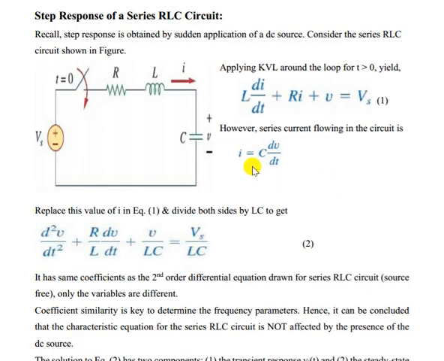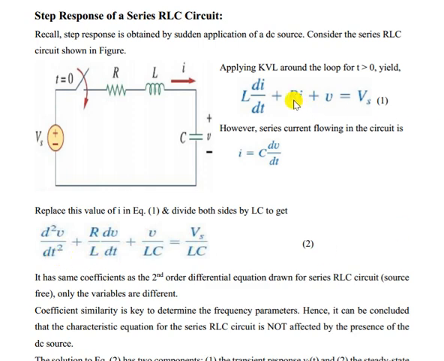Now what we can do is put this value of I here. Then we can divide by LC. So if we put I equal to C dV/dt, then we will have LC d square V/dt square, and the term LC was there, so dividing by LC, it will be d square V/dt square.